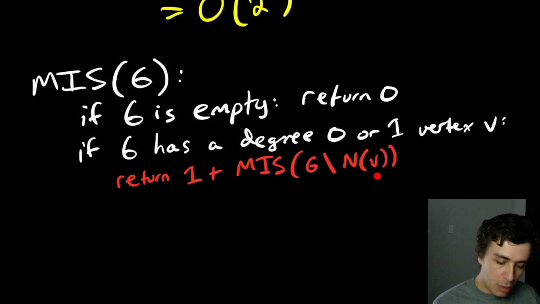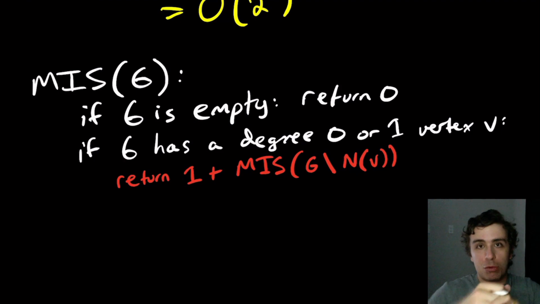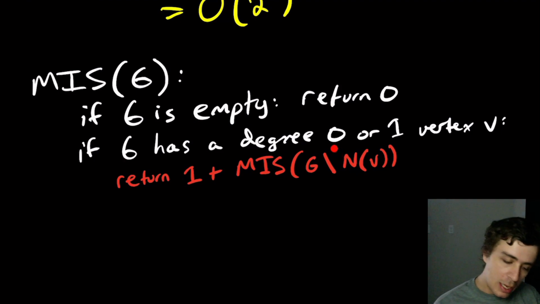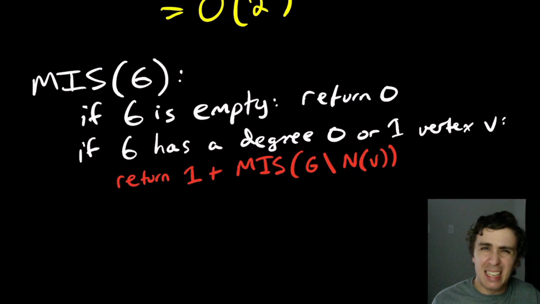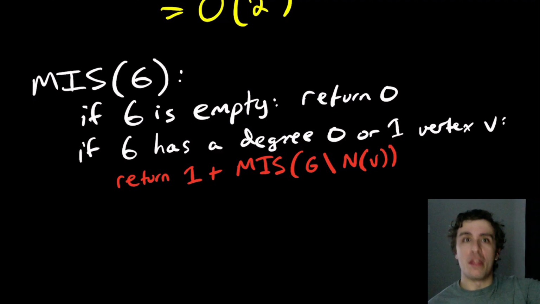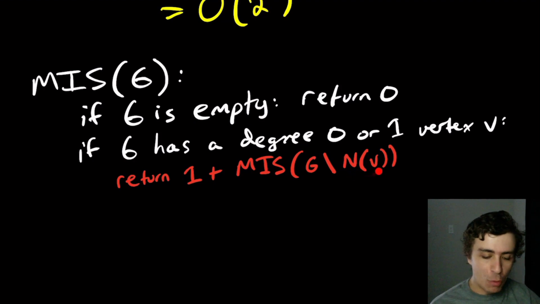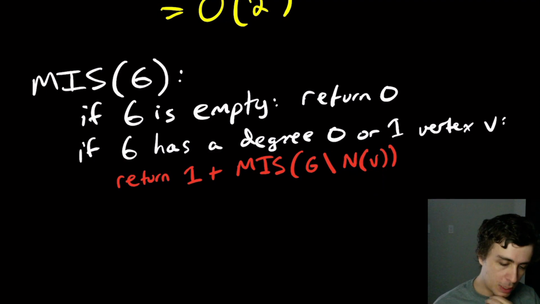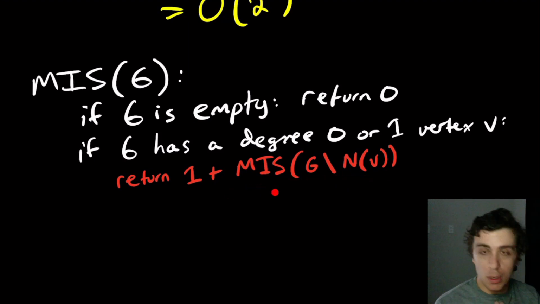So we're going to get rid of the vertex as well as everything that it's connected to. Here, if it's degree 0, it's not connected to anything. If it's degree 1, it's only connected to one thing, so we're only going to get rid of either 1 or 2 vertices here, either the vertex V or the vertex V plus the one that it's connected to, which is pretty nice.